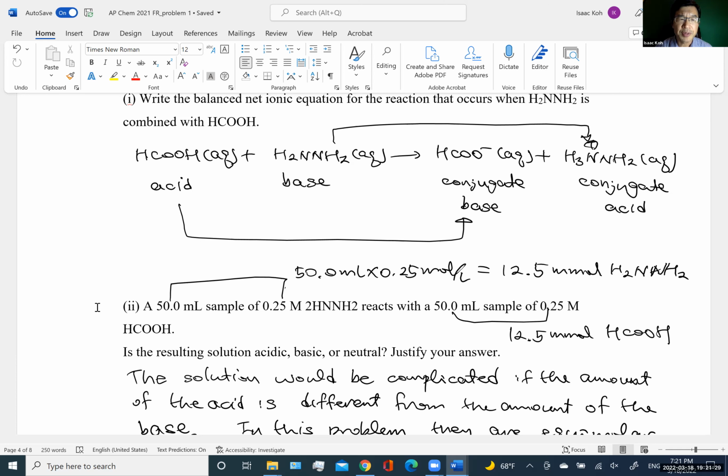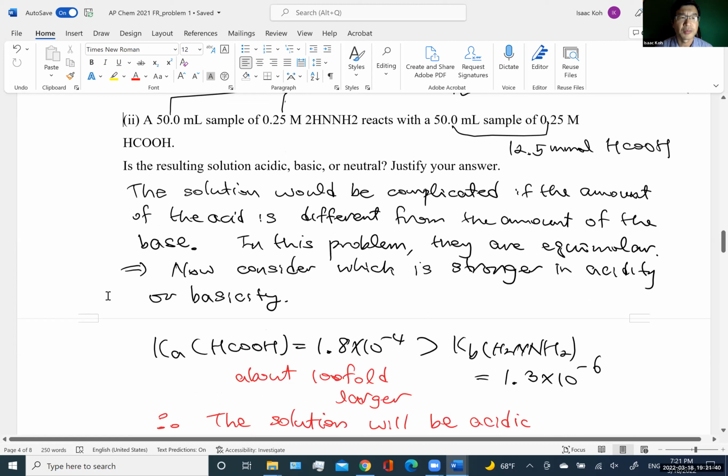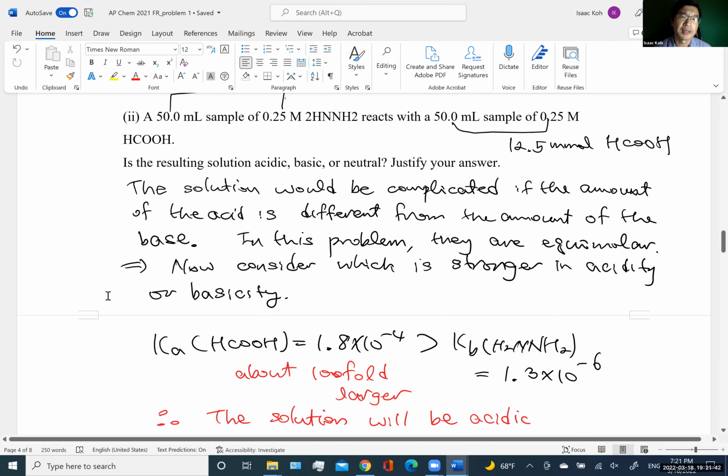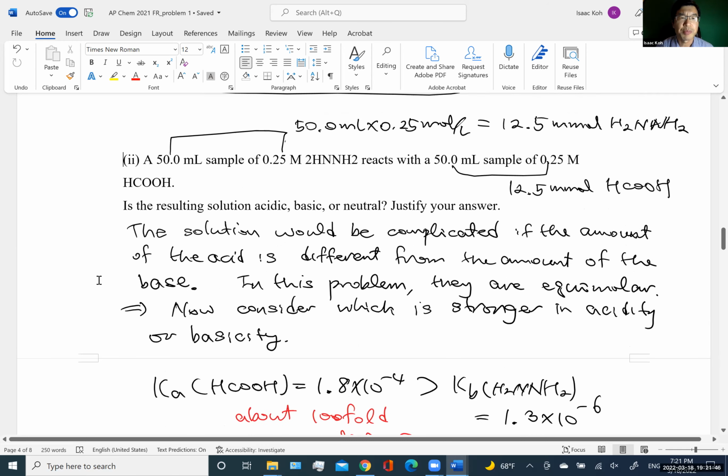A 50 milliliter sample of 0.5 molarity hydrazine reacts with a 50 milliliter sample of 0.5 molarity methanoic acid. Let's think about it. Weak acid, weak base, and their volume and molarity are exactly the same.